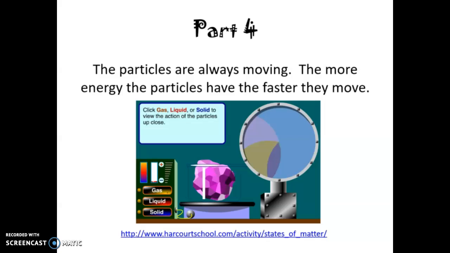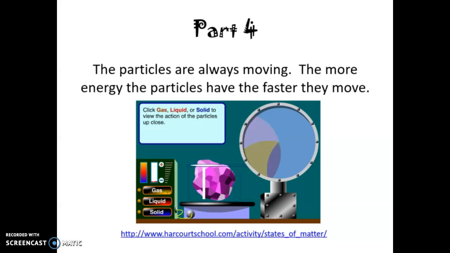Part 4 of the particle theory states that the particles are always moving. I mentioned this in the last slide really briefly. The more energy that particles have, the faster that they move. And energy, when we're in chemistry, is often talking about heat. So we could also say the more heat, the hotter that particles get, the faster that they move. So if you think about this in terms of a substance, water, that we know really well.